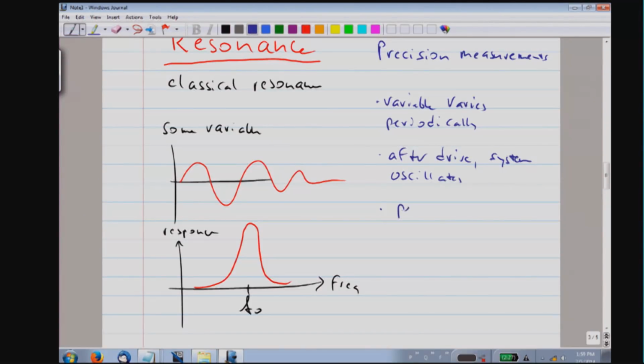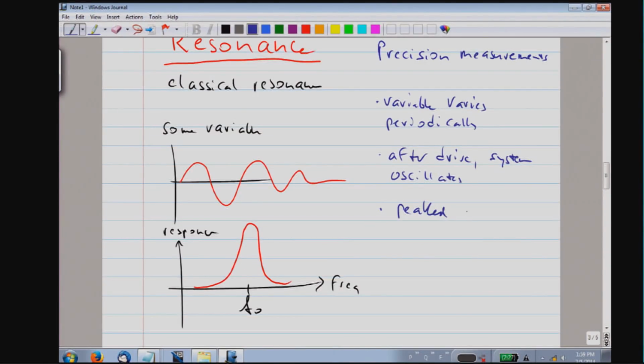So the phenomenon of resonance is that you have something which can periodically vary, and when you drive it, you see a peaked response when driven with a variable frequency.